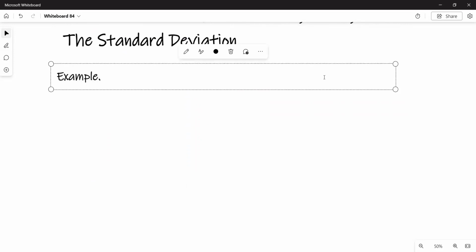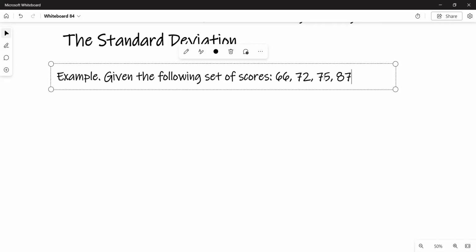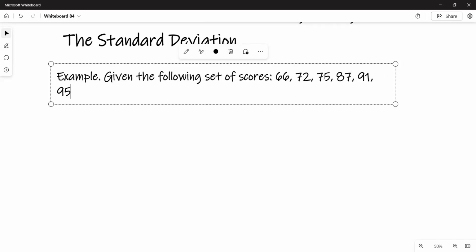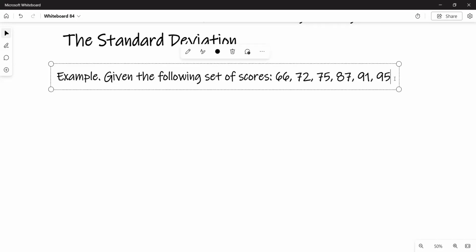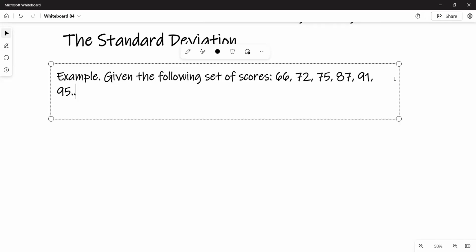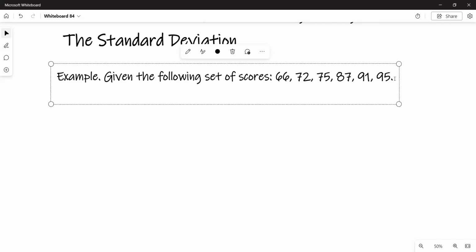Given the following set of scores: 66, 72, 75, 87, 91, and 95. We are going to find the mean and use it to find the standard deviation.